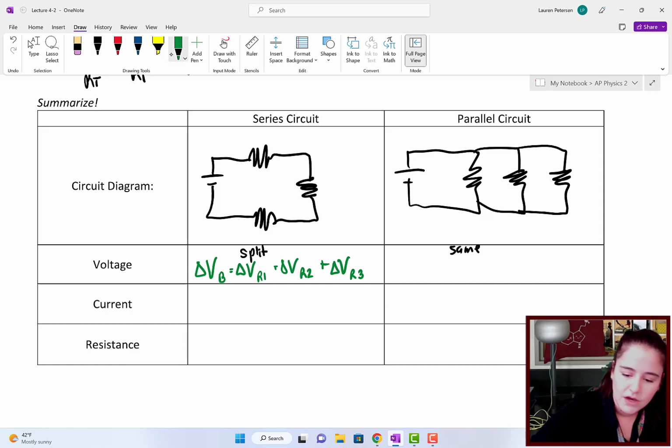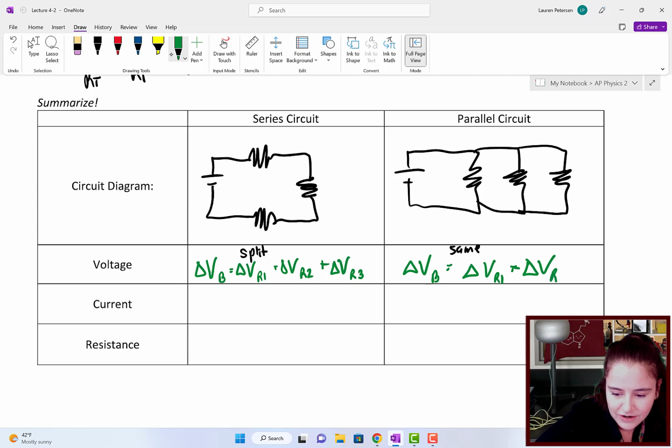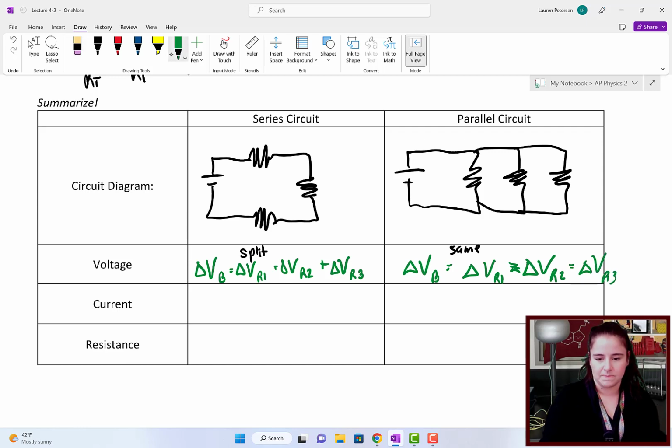The voltage drop across the battery will equal the voltage drop across R1, will equal the voltage drop across R2. That's an equals, not a plus. Will equal the voltage drop across R3.